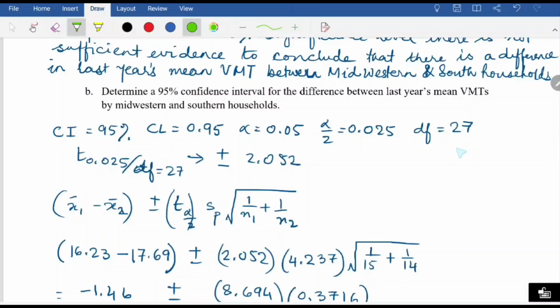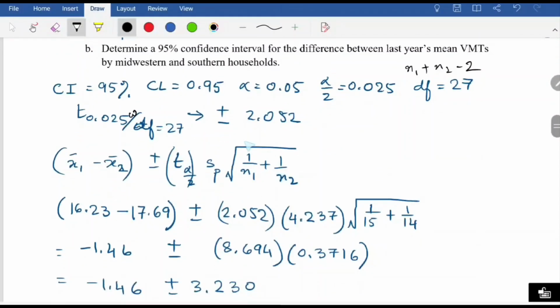DF is 27, obtained from that same formula, n sub 1 plus n sub 2 minus 2. So that's how we come up with 27. Find your t of alpha by 2, with df of 27.